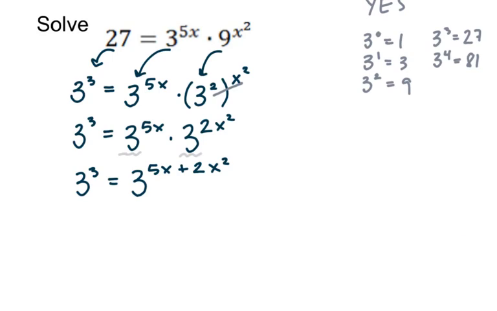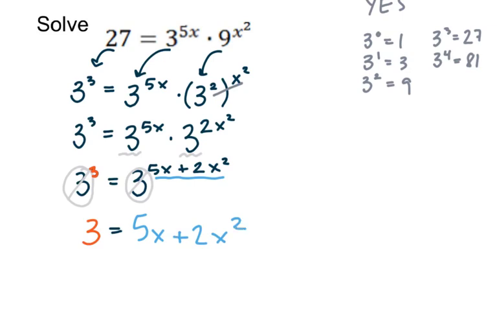And so what we notice now is we have one base on the left equal to one base on the right. They are the same base. So I can drop those bases, and my exponent on the left, 3, remains, equals my exponent on the right, 5x plus 2x squared.